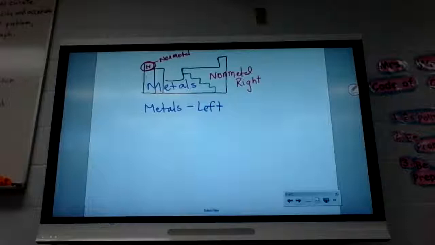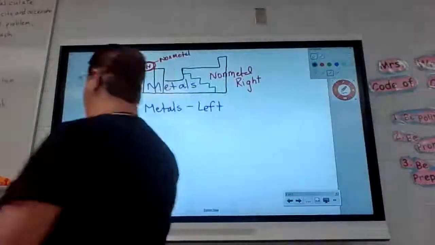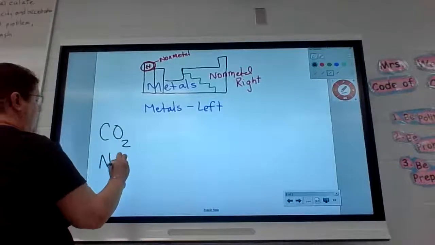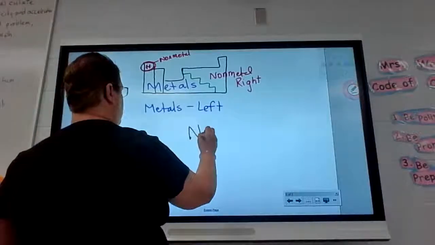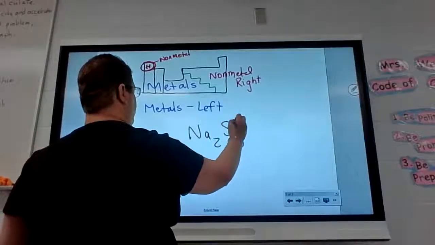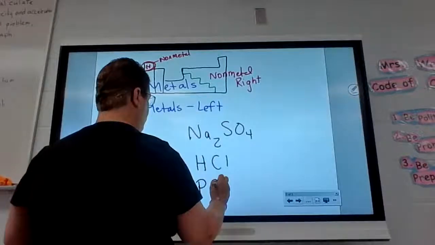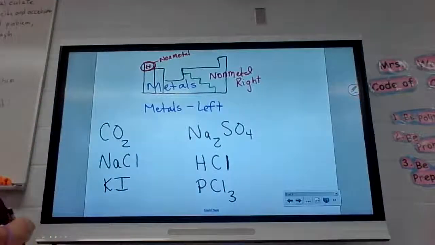All right, so when we go to write names, we have to be able to tell whether something is ionic or covalent. So if we have something like CaCl2, NaCl, KI, can you tell me which ones are ionic and covalent?